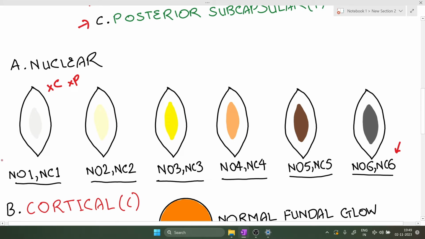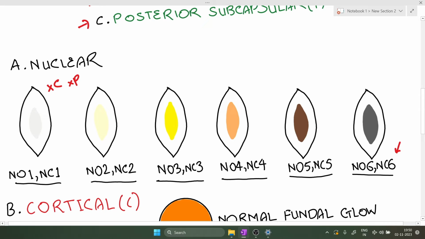Does NO1 always occur with NC1, and does NC1 always occur with NO1? Not necessarily. It is not a rule, but it is generally followed that the opacification and the color of the cataract usually coincide in the same grade. So NO1 will be slight opacification, NO2 will be a little more yellowish appearance, NO3 will go towards ochre, NO4 will be orangish or amber, NO5 becomes brown, and NO6 becomes a completely black cataract.